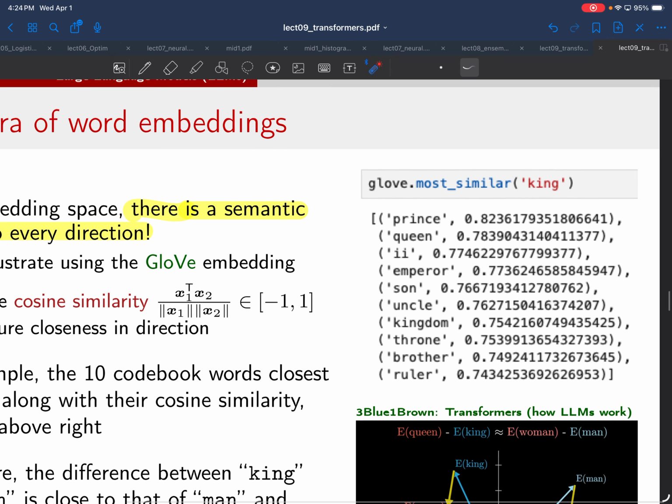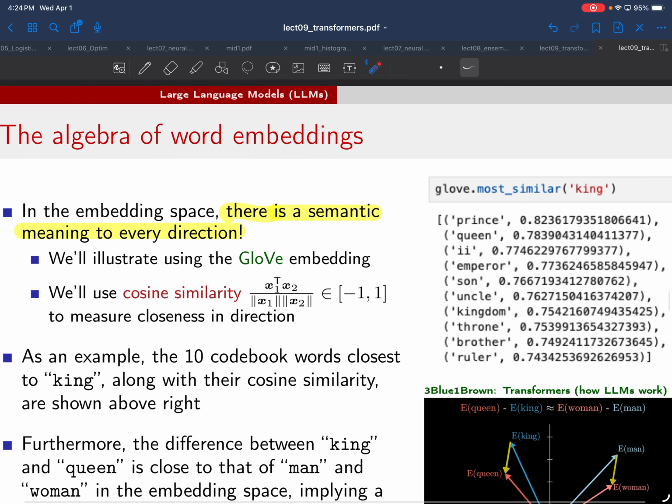And to get a sense for how similar they are, with 2 embeddings, you usually look at something called cosine similarity, which you can think of as you normalize x1 so that it has unit length, you normalize x2 so that it has unit length, and then you do an inner product between those 2 vectors. And because of this normalization, what you get is going to be within the interval between 1 and -1.